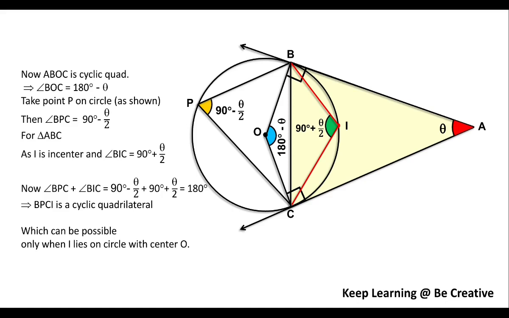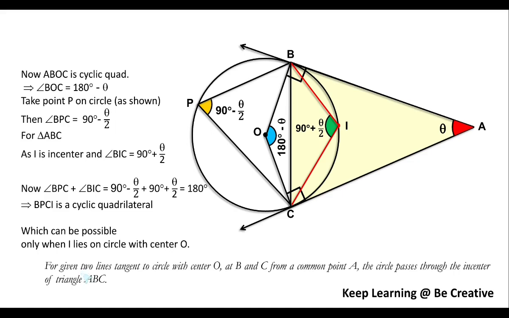I was the incenter of this triangle, and it has come on the circle. So that is what we needed to prove: for two lines tangent to the circle with center O at B and C from a common point A, the circle passes through the incenter of the triangle.